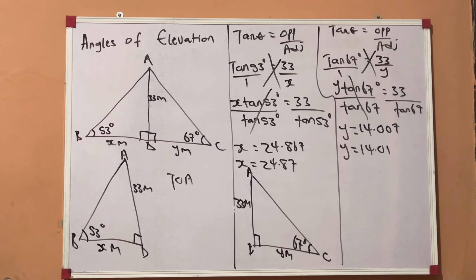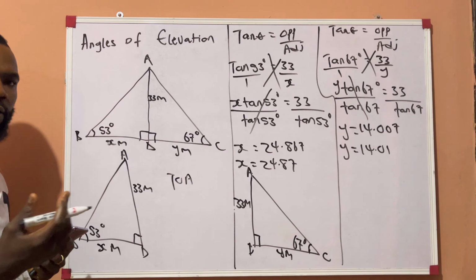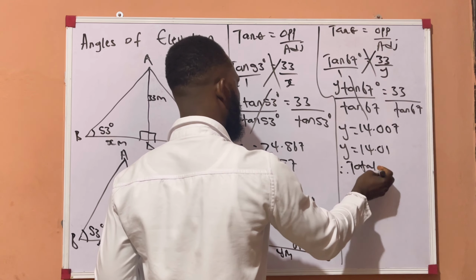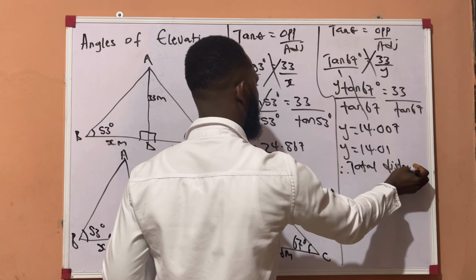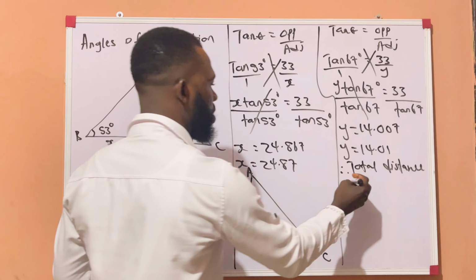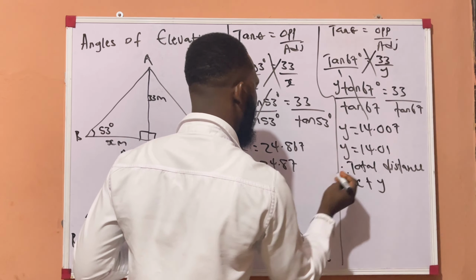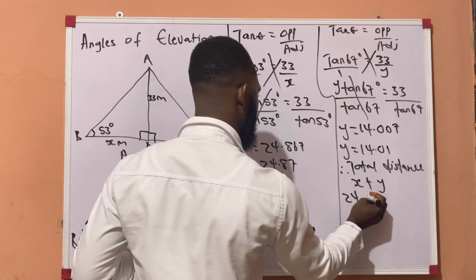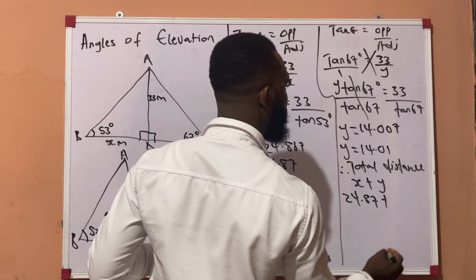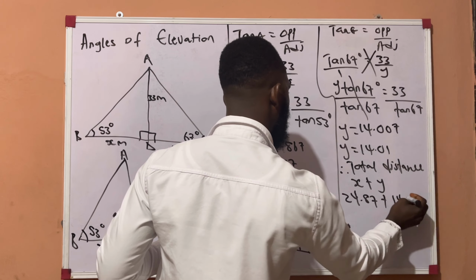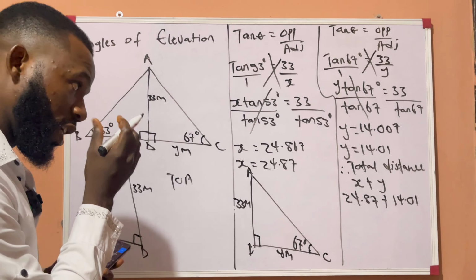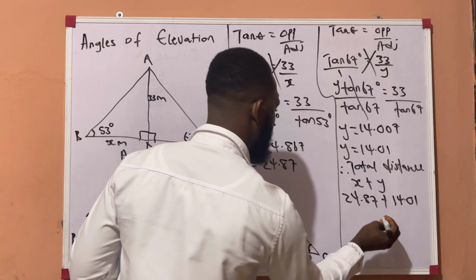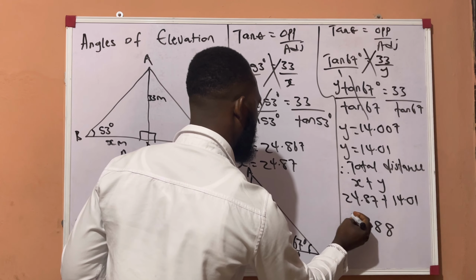Now that we've gotten the value of x and the value of y, the total distance becomes x plus y, which means x was 24.87 plus 14.01, which gives us 38.88.